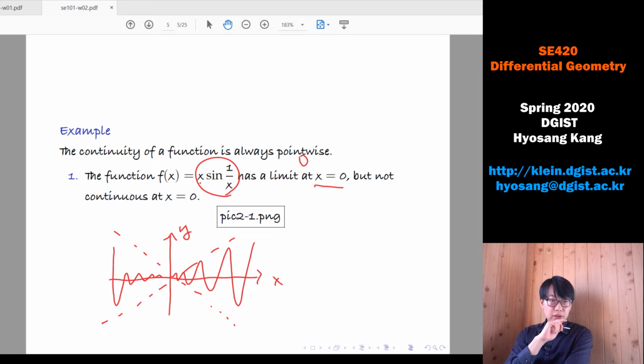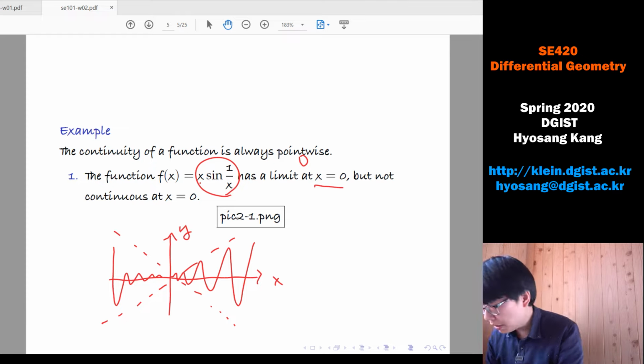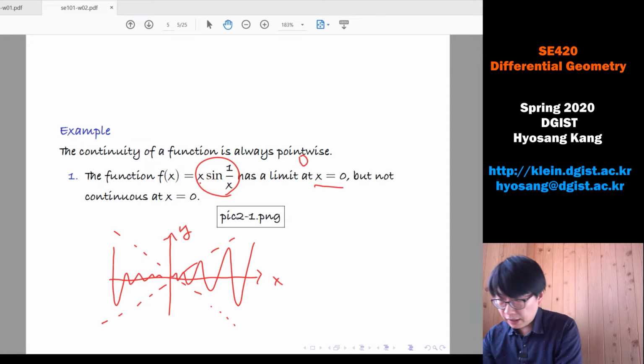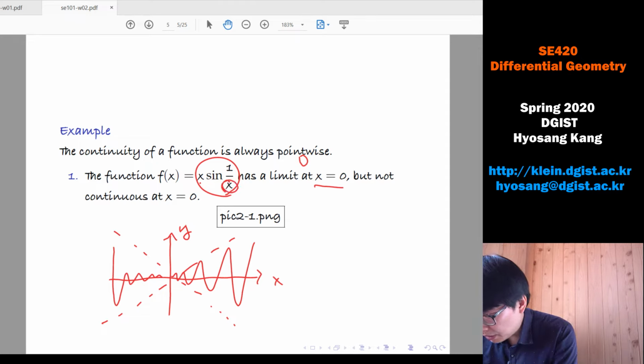Why is this not continuous? So I think you know the answer here. This is not continuous because function is not defined at 0. y is not defined at 0 because we have denominator x and you cannot plug in 0 in denominator of any fraction. So f(0) is not defined.